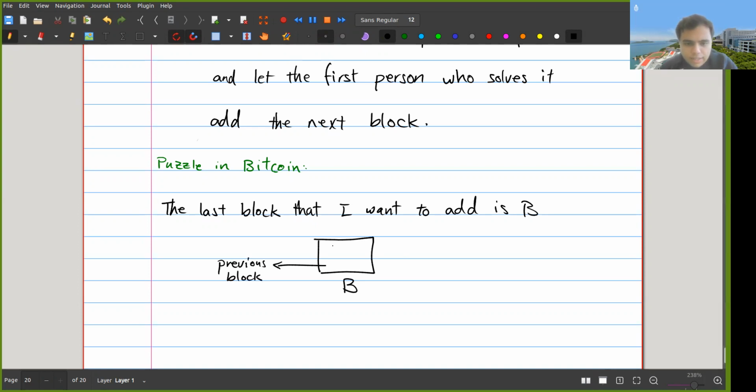And it also has a bunch of transactions in it, right? And we talked about the transactions being stored in a Merkle tree.